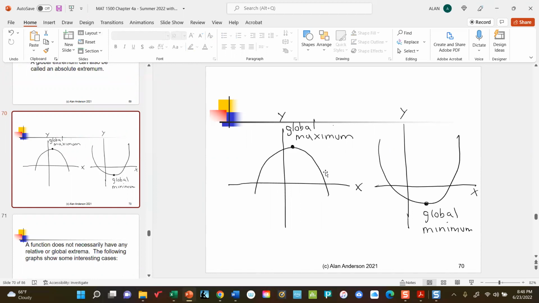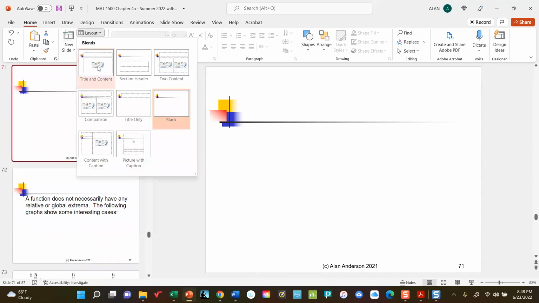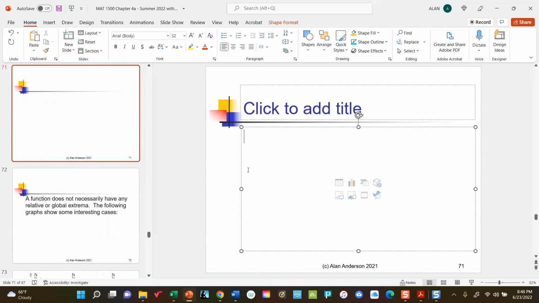Now, it's not necessarily the case that a function always has either a global maximum or minimum. It doesn't have to. But here, of course, they do. So the difference between this case and the local case is that there can be several local extrema, but there can only be one global. Let's put it this way.